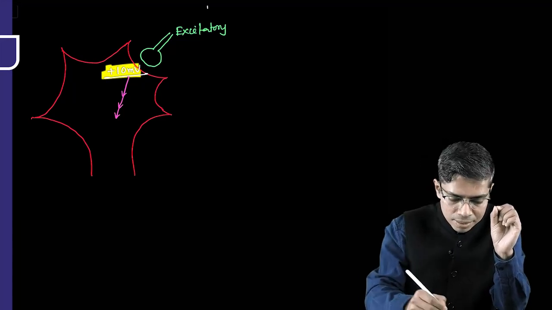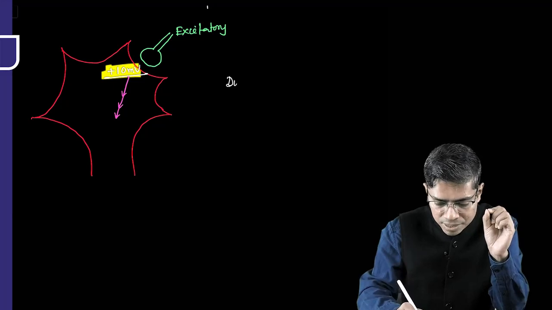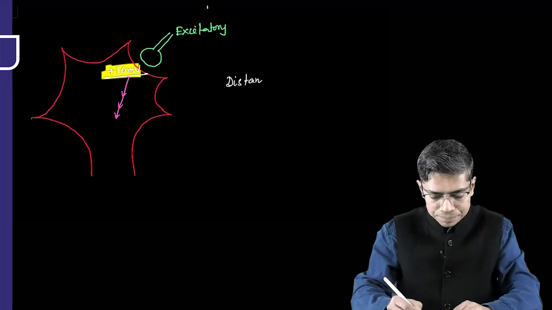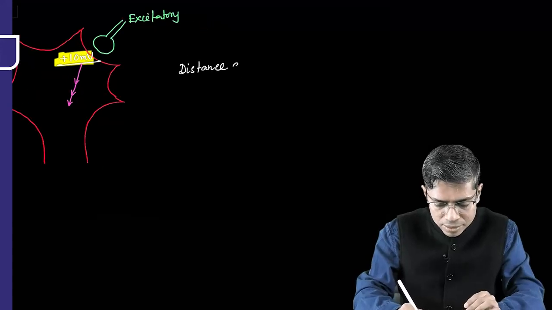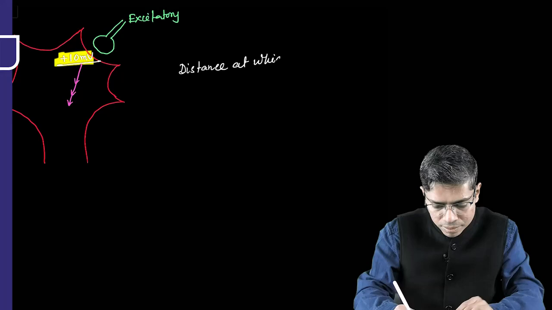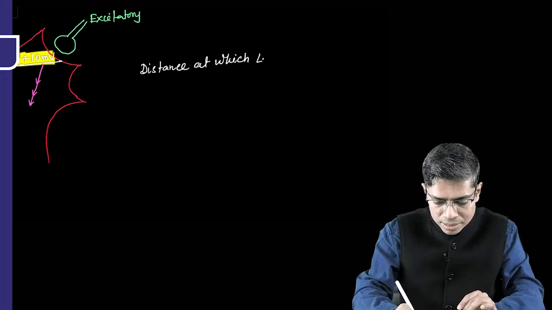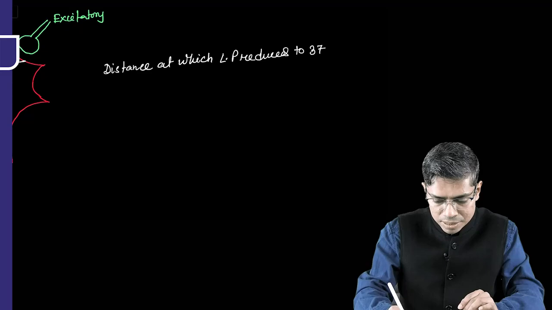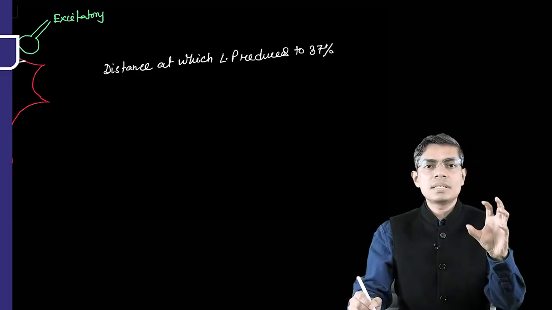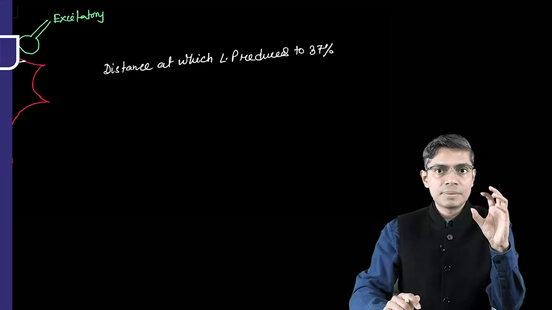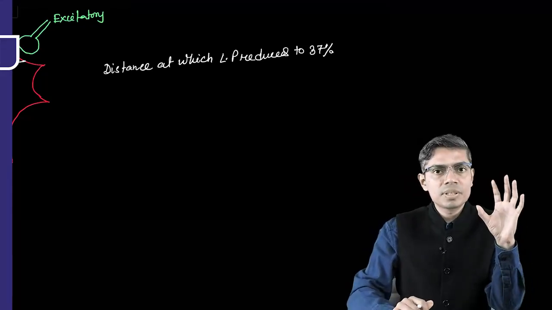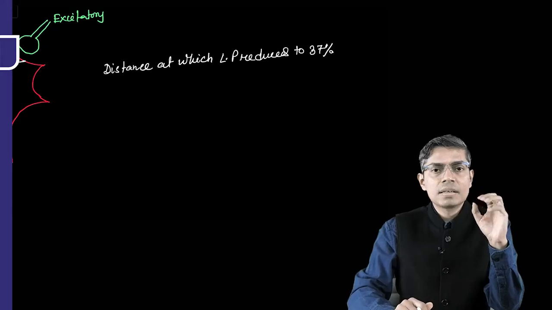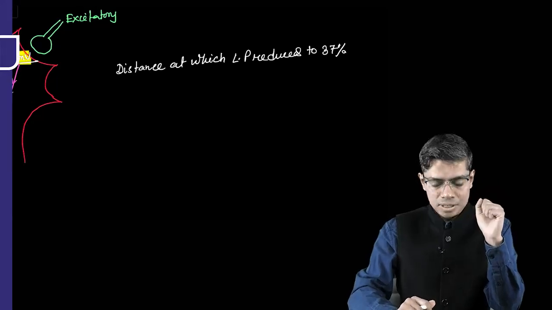Again I am repeating: the distance at which the local potential is reduced to 37% of the original voltage. This is the definition from physics. Where is 37% coming from? It is from the definition of the length constant, and the time constant, right?